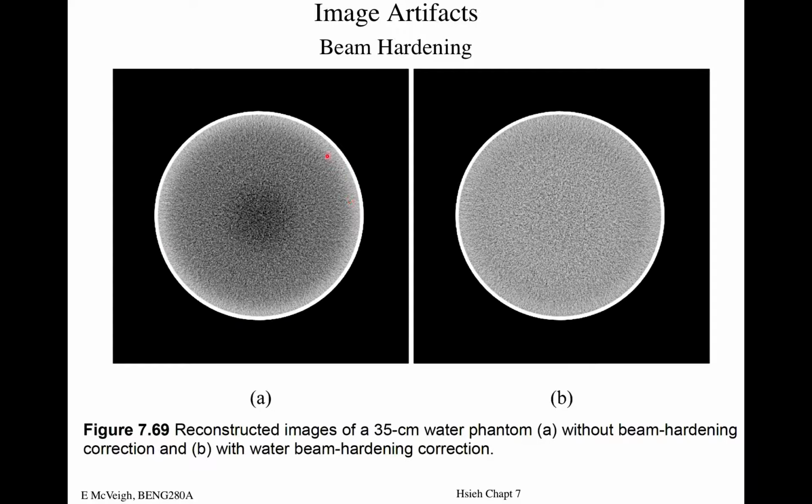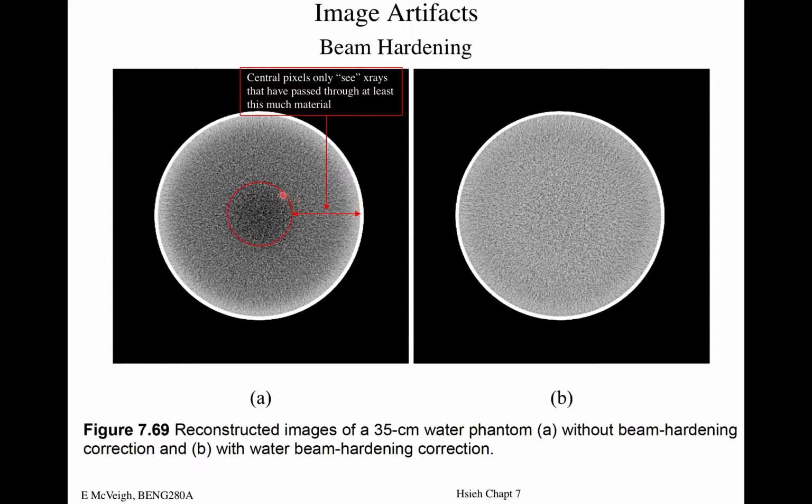If you don't correct for the fact that the beam is hardening as you're going deeper into the sample, and you just do a back projection reconstruction and look at your results, you'll have a kind of a hole in the middle of your phantom, right?